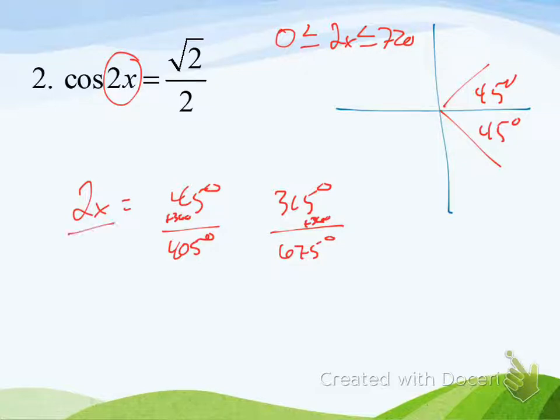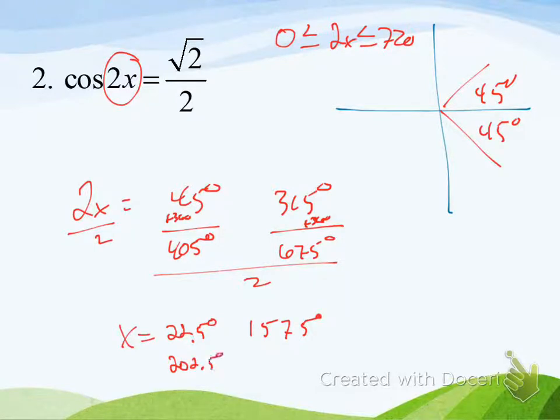And then to find x, I just divide all these guys by 2. So x is going to be 22.5, 157.5, 202.5, and 337.5. Okay, so those are all your solutions.